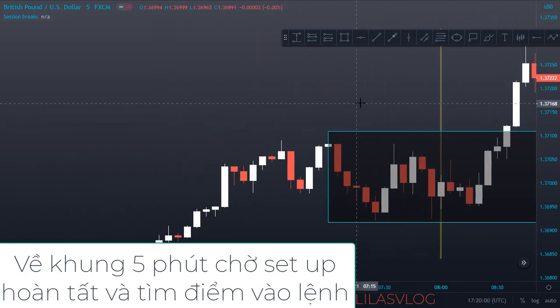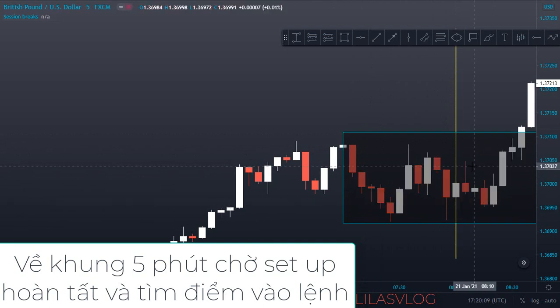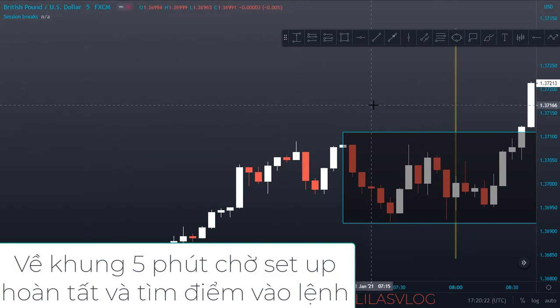It is very clear for you to see that we have a consolidation. Price goes down and up and down. It hasn't broken the box until after 8 AM. So what we are going to do on the 5 minutes time frame is to wait for a breakout.